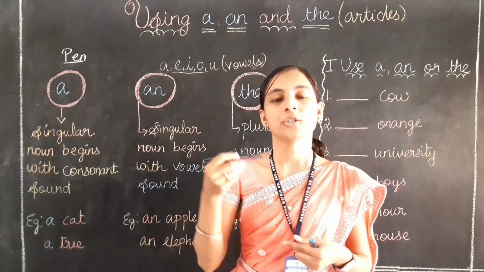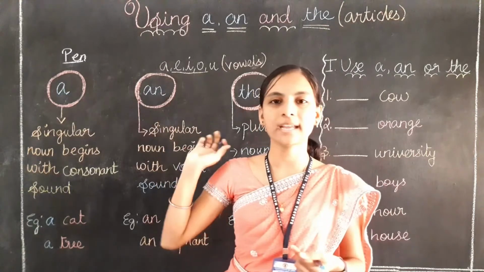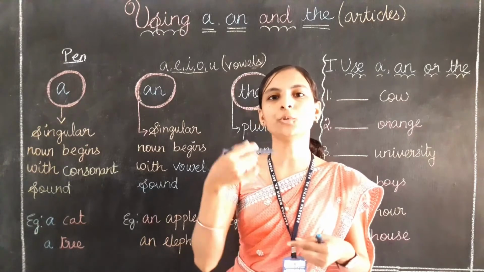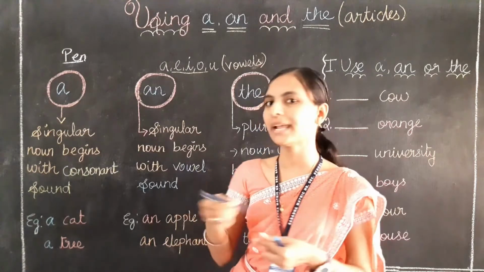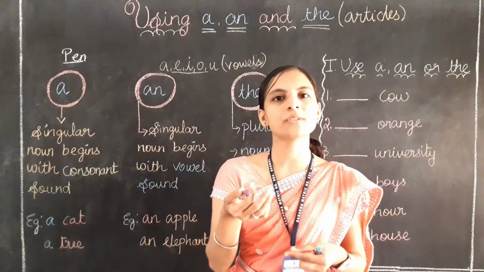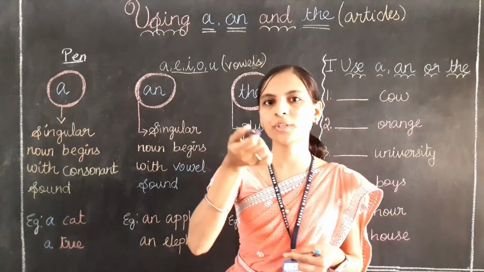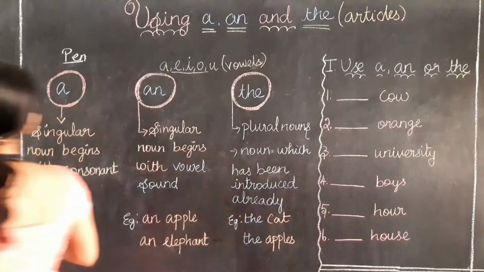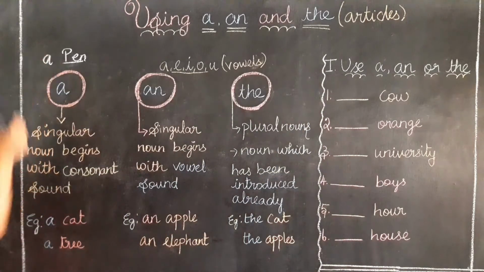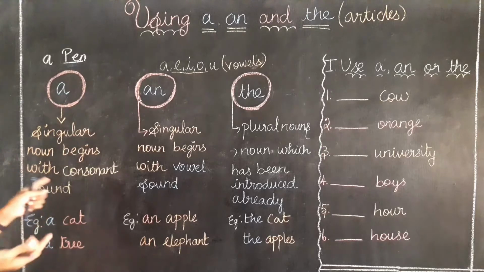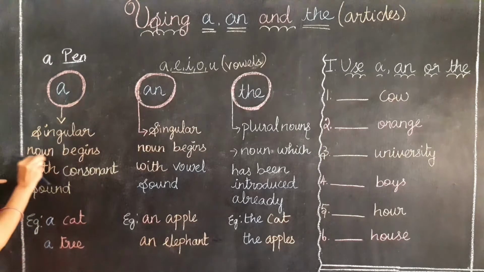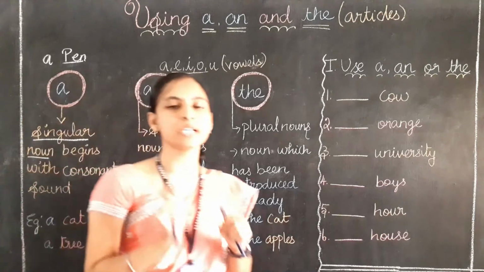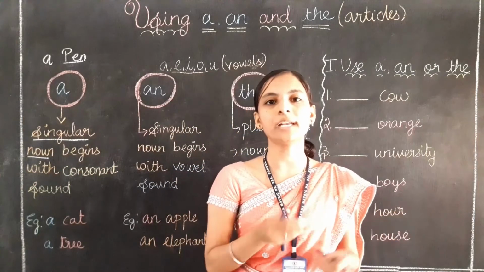Why are these articles A and the used? They are used to refer to nouns. For example, I am telling this is pen. I can also say that this is a pen. I am talking about this pen, so I need to use a. Article A is used before a singular noun, not for a plural noun.